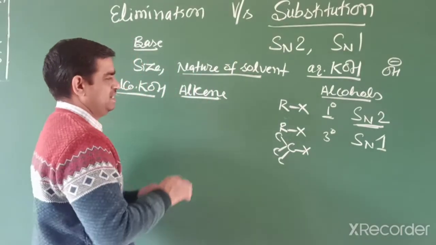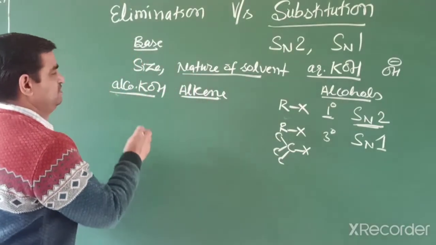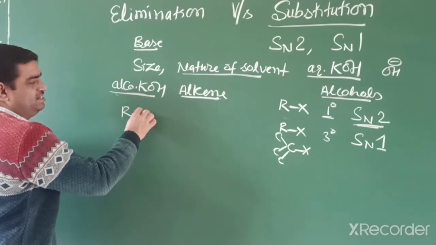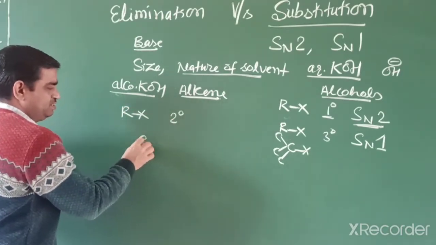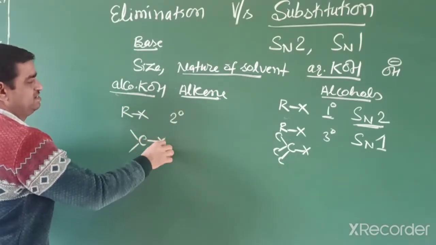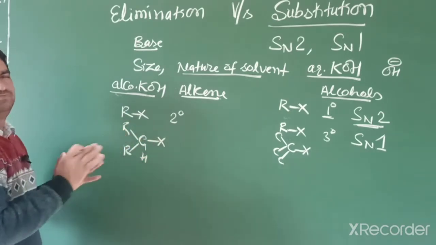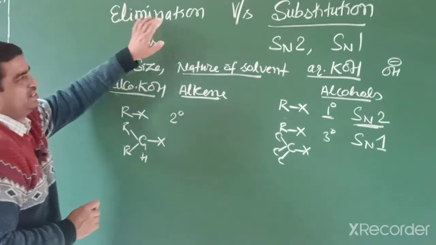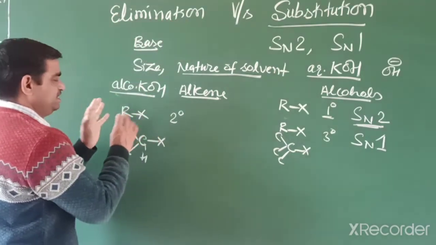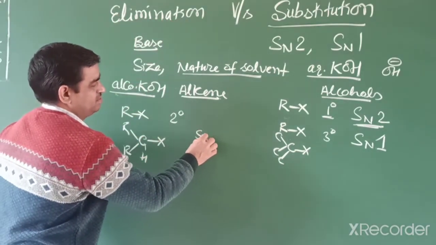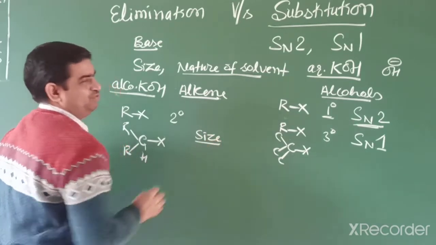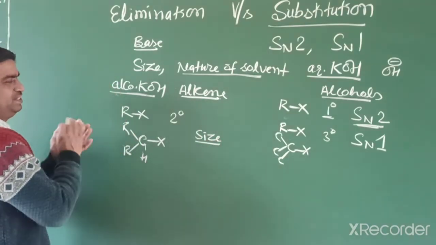And if the alkyl halide is secondary, meaning a 2 degree halide, then what happens? Then there is competition between elimination and substitution. It depends on the size of the nucleophile, the size of the base.